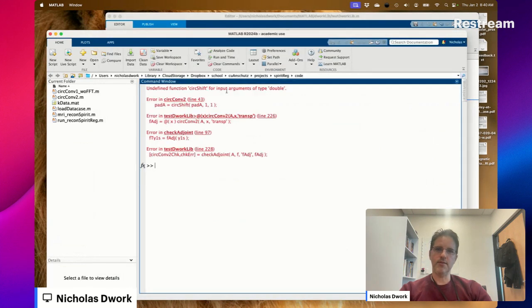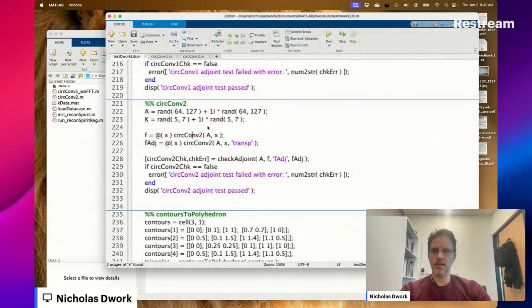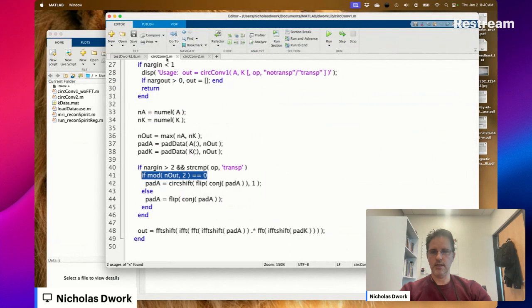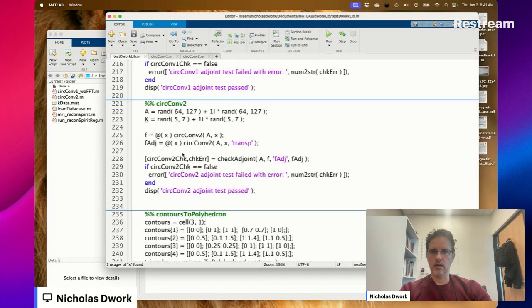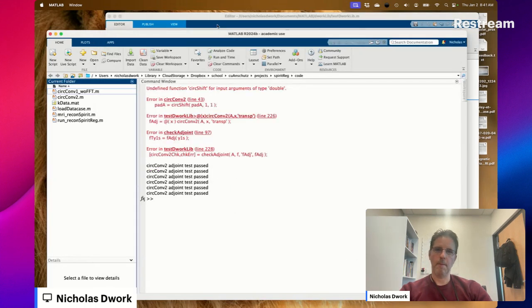Circ shift for inputs of arguments type double undefined function circ shift. That can't be right. I put a capital S in for circ shift. Passes.